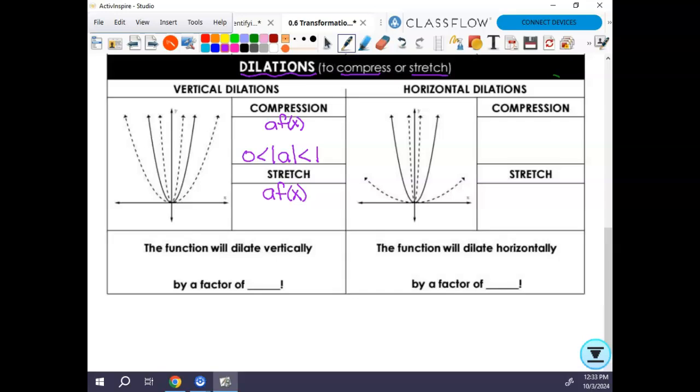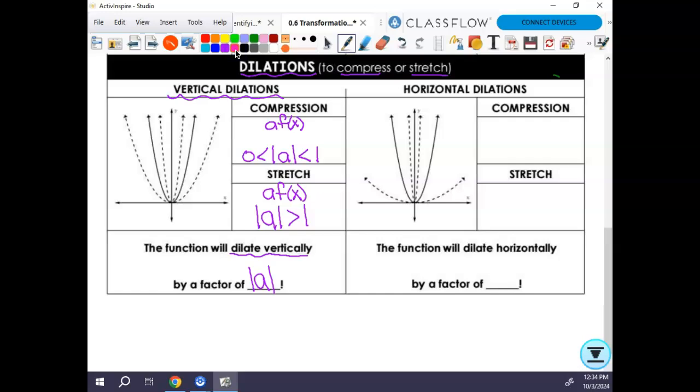If it's a vertical stretch, the absolute value of a would be greater than 1. Anything greater than 1. So we can say just in general that a function will dilate vertically by a factor of the absolute value of a. Okay. Everybody okay with that?